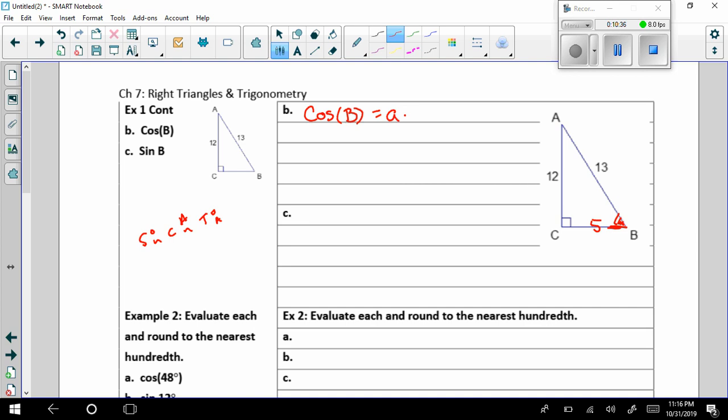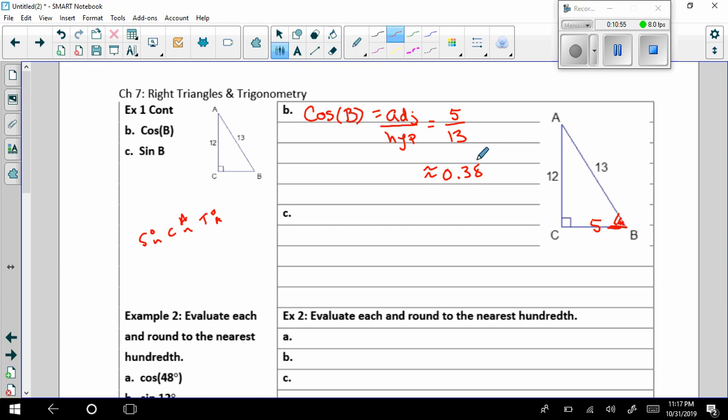That is adjacent leg over hypotenuse. So adjacent is 5, hypotenuse is still 13, which is approximately 0.38.